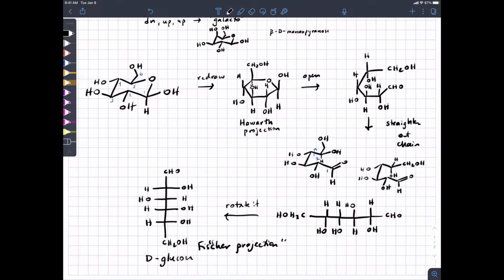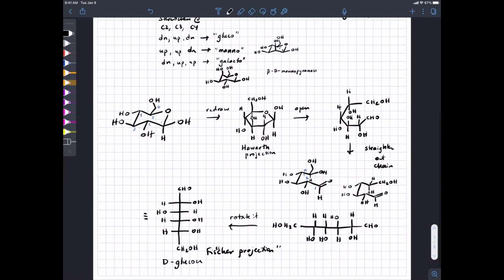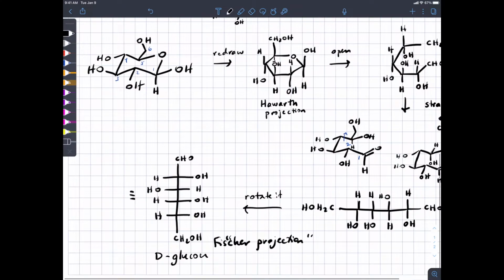So if you made the mirror of this Fischer projection, similarly, it would be the enantiomer of glucose. And your text tries to be helpful and tells you, from this perspective, I always have to look it up because I never bothered to learn it. I think the bonds that are up and down are all considered as though they were going away from you.